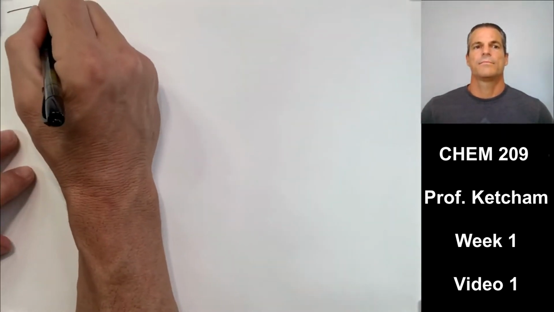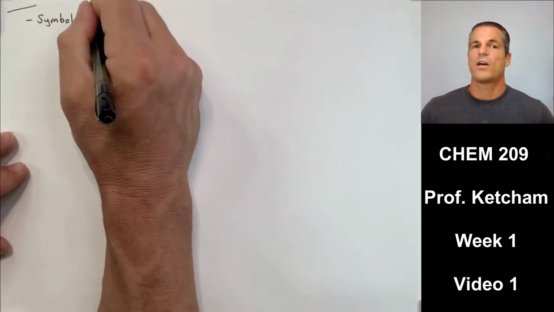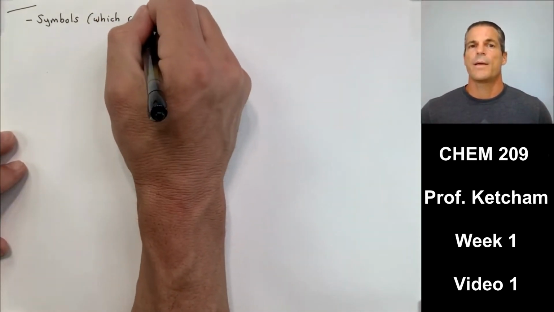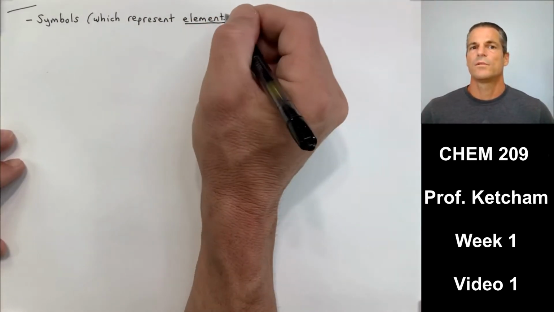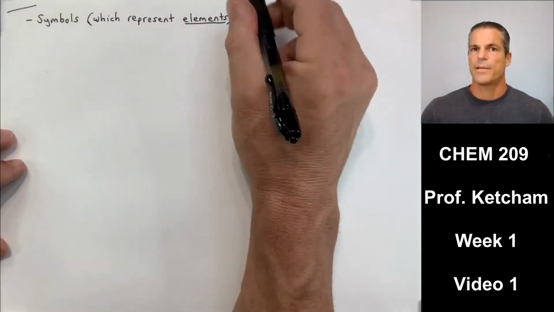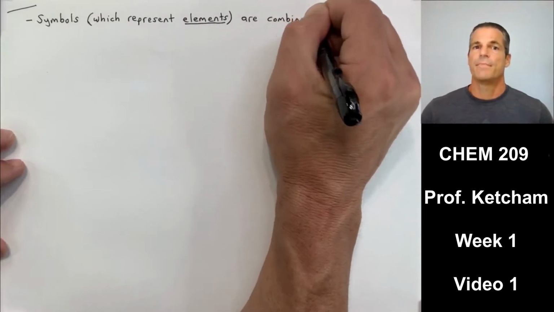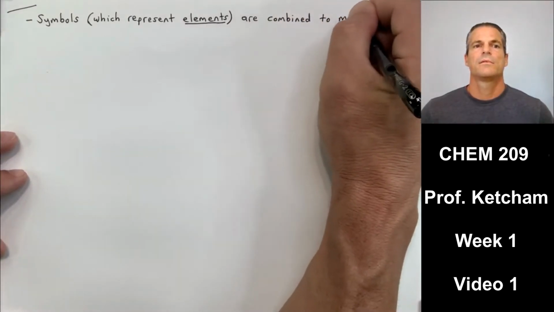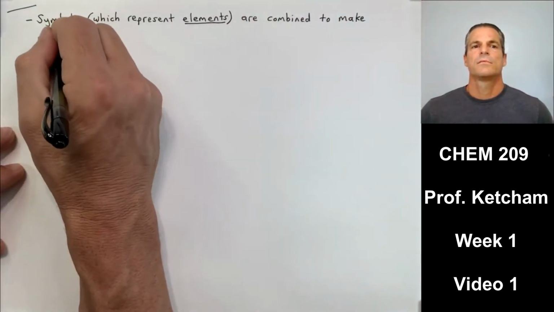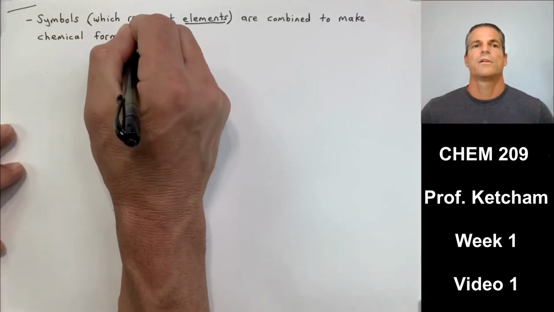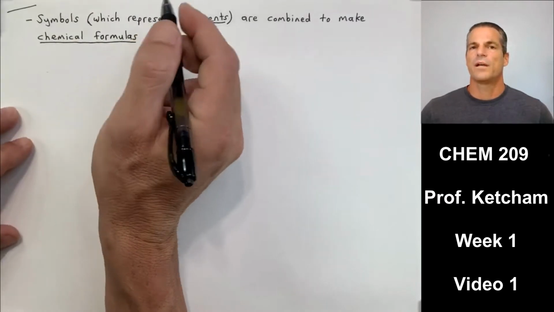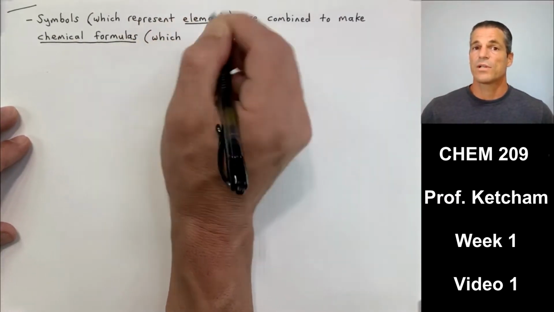All right, now more on atomic symbols, symbols on the periodic table. It says symbols, which represent elements on the periodic table, are combined to make chemical formulas. So a chemical formula is going to represent a chemical compound.